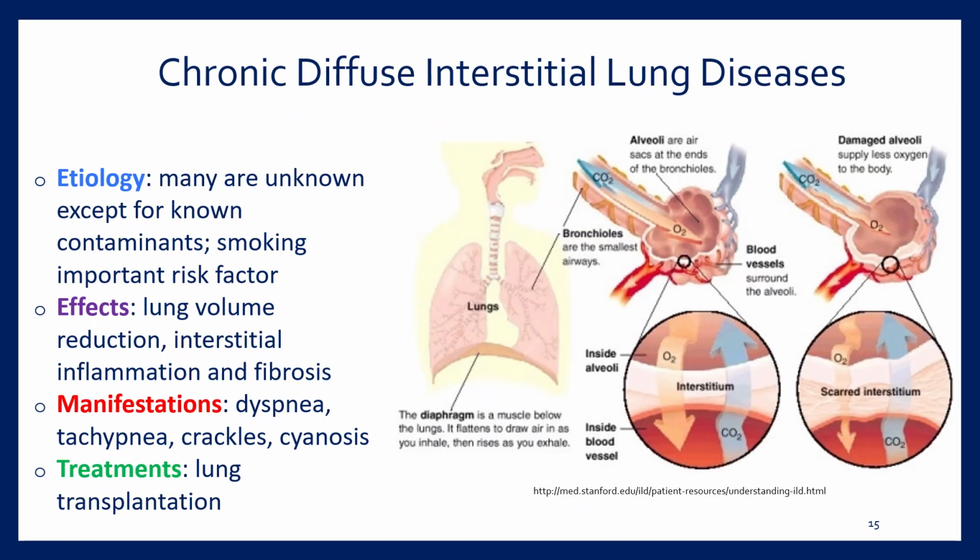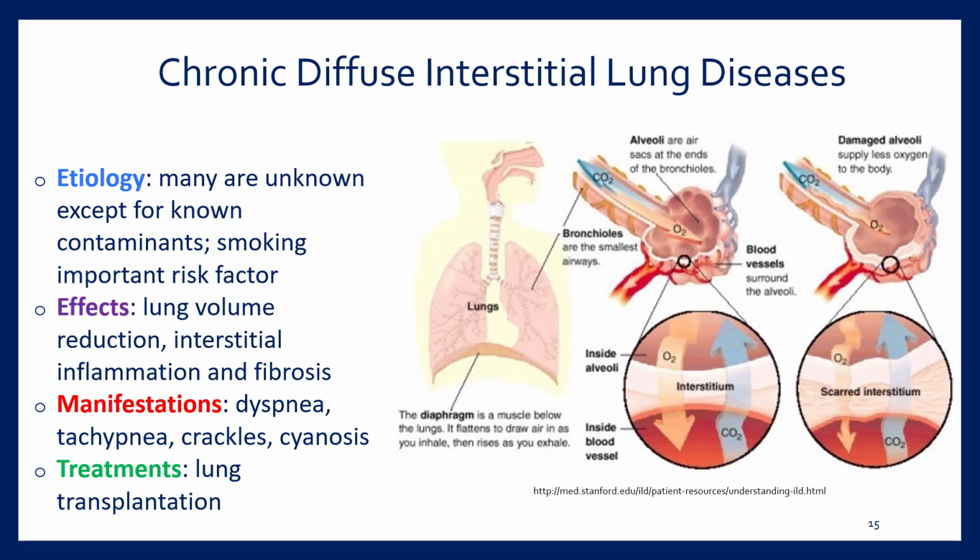Now let's move into restrictive lung disease family, specifically chronic diffuse interstitial lung diseases, or ILDs. These diseases don't primarily affect airways. They affect the interstitium, the connective tissue scaffold that lives between alveoli and capillaries. The interstitium is normally thin, flexible, barely noticeable, and perfect for gas diffusion.